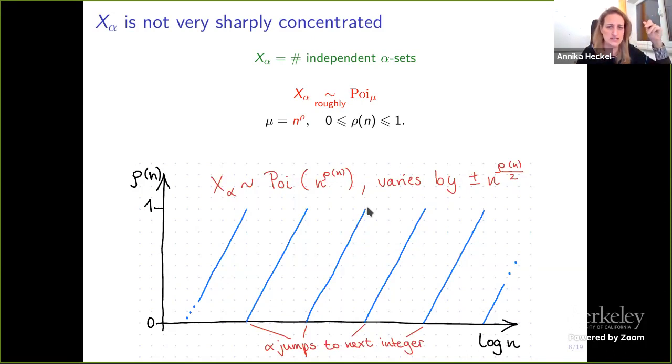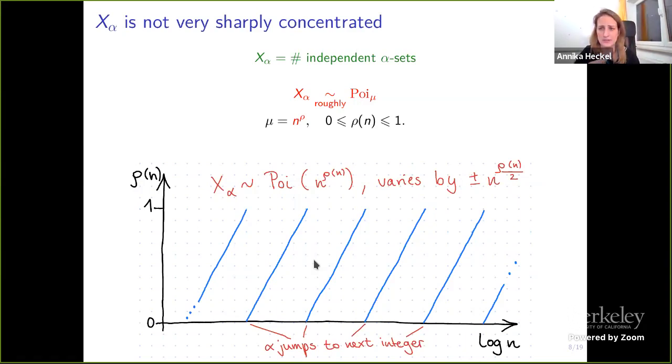So here, the independence number jumps up by 1, and this exponent drops down to 0 again, because now you expect roughly 1 alpha plus 1 set, and then the same thing happens again until the independence number increases again. Okay, so that's the plot of the exponent of the mean of the number of maximum independent sets.